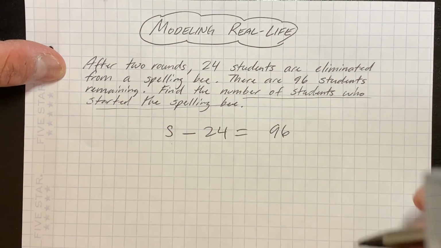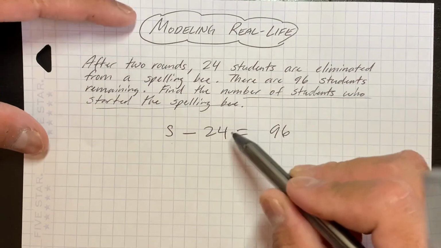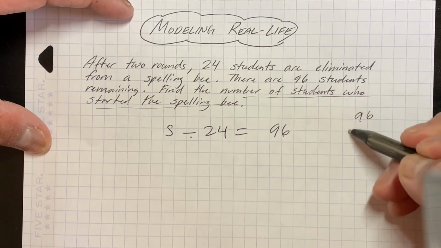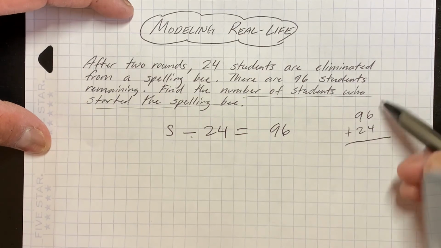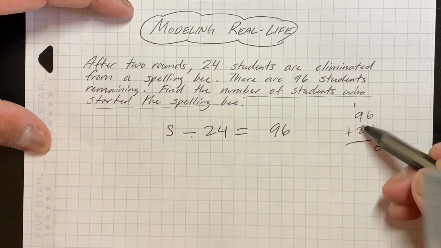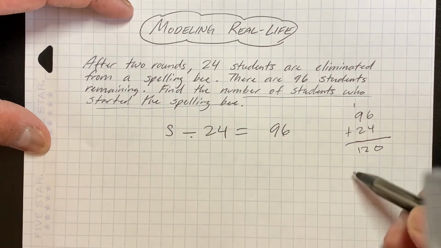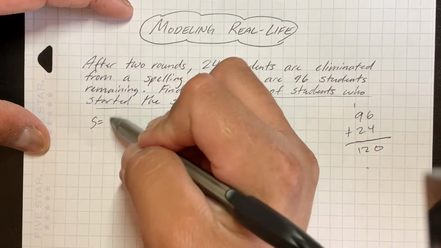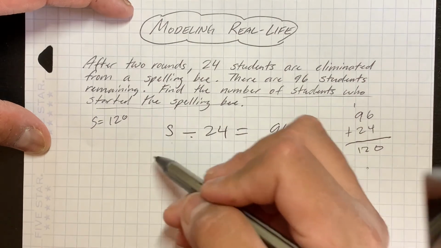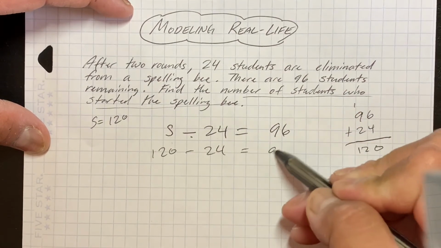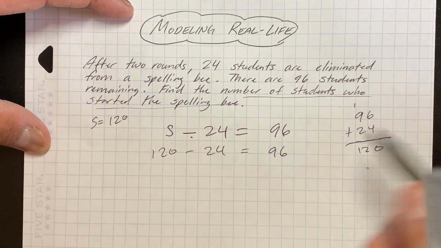Again, use inverse operations. The opposite of subtraction is addition. So 96 plus 24. This is 120. So I'm going to say that s here equals 120. If I substitute 120 for s and subtract 24, it should equal 96.